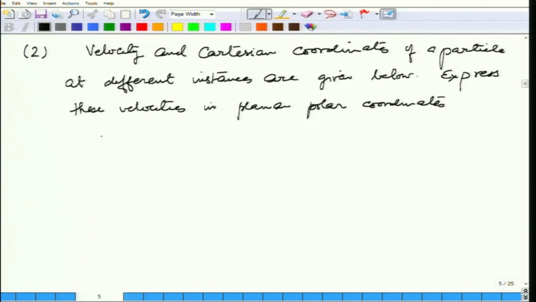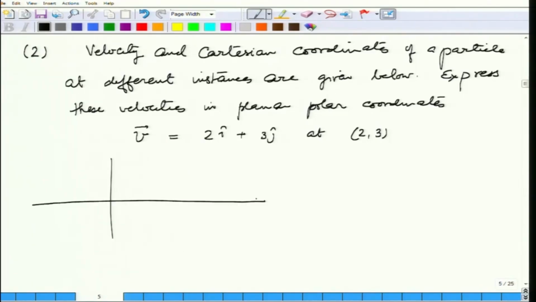So, one velocity which is given is v equals 2i plus 3j at 2 and 3. Let us see what it means. It means I am at the coordinate 2 and 3 and the velocity x component is proportional to x and y is also proportional to y.